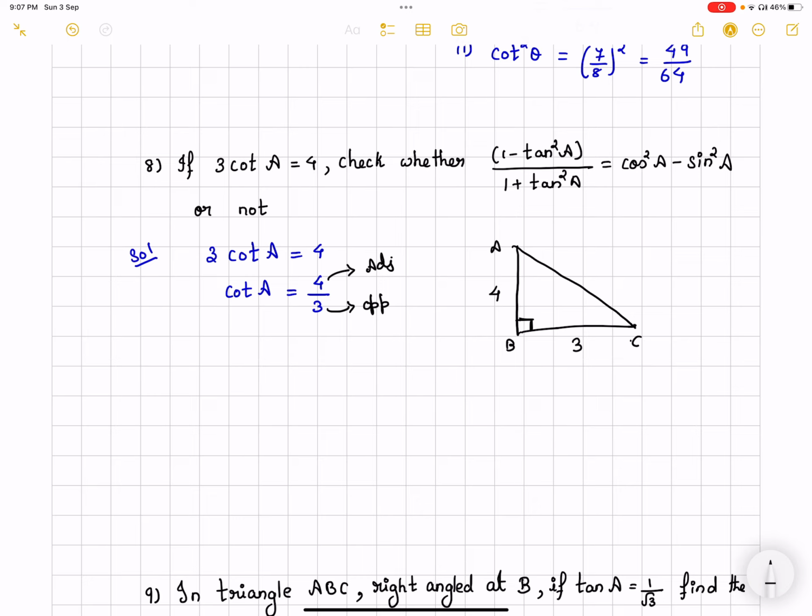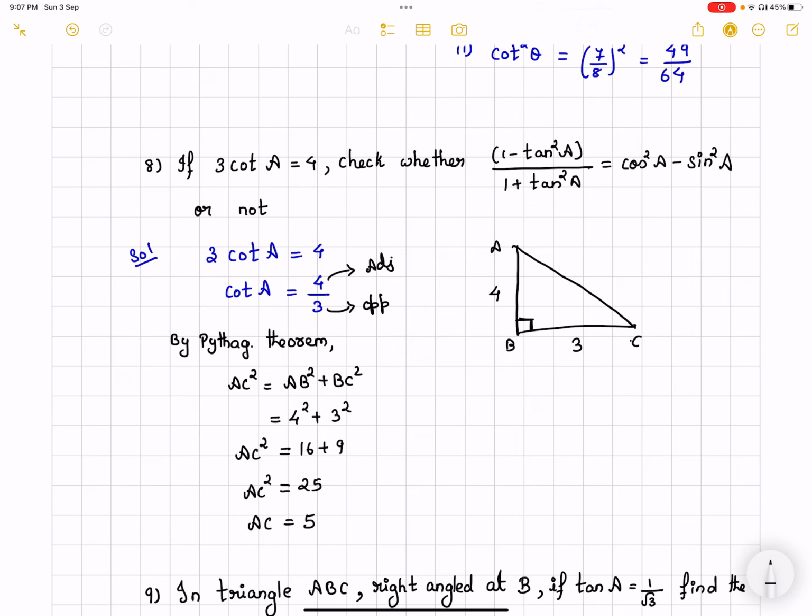Now by Pythagoras theorem, AC square, hypotenuse square, is equal to AB square plus BC square, which is equal to 4 square plus 3 square, nothing but 16 plus 9, which is AC square. 25 is AC square. AC is equal to 5.